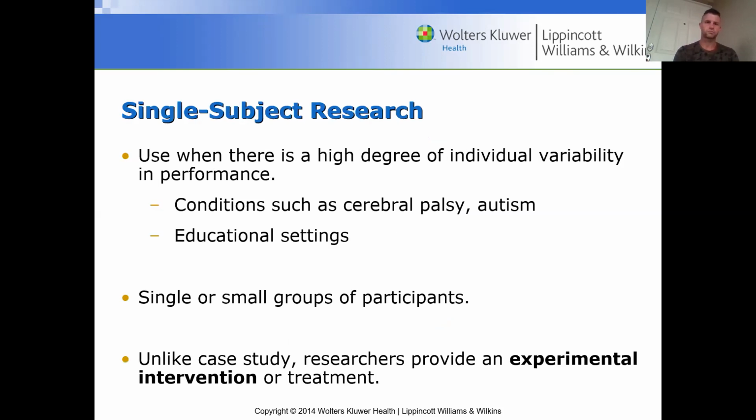Right? Single subject research is when there's a high degree of individual variability in performance, conditions such as cerebral palsy, autism. So again, there's so many different, when you talk about autism, there's a good chance in your lifetime you've met people that have autism. Maybe you're like, no, I've never met anybody that's had it.